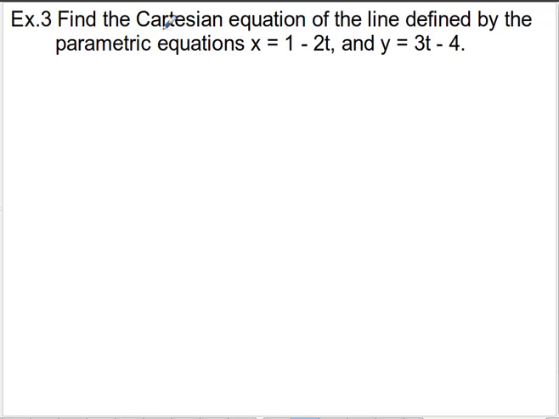So once again, I'm asking for the Cartesian equation. This time, I've got a line that is defined by parametric equations. This was something I covered in the last lesson. Parametric equations come from the vector equation. So in parametric form, the constant here is the initial position in the x, and this is the initial position in the y.